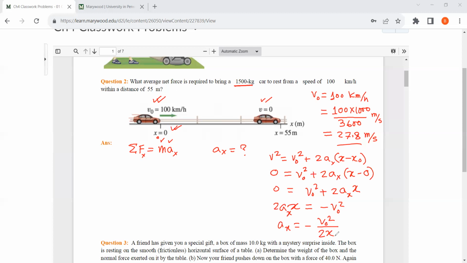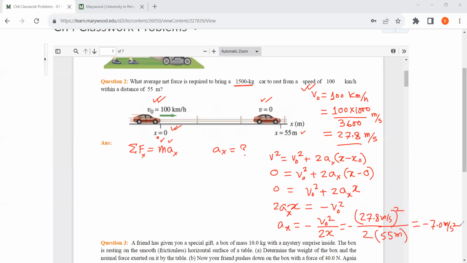Now v0 is 27.8 meter per second and x is 55 meter. If you plug these two values in, minus 27.8 meter per second squared, divided by 2 times 55 meter, that gives us minus 7 meter per second square.